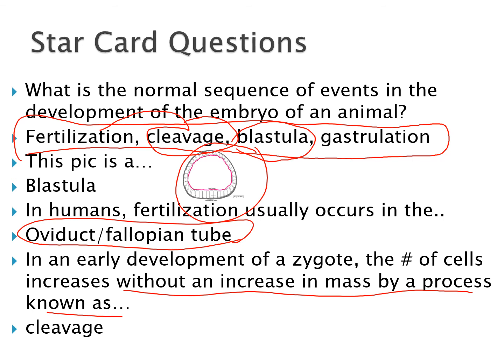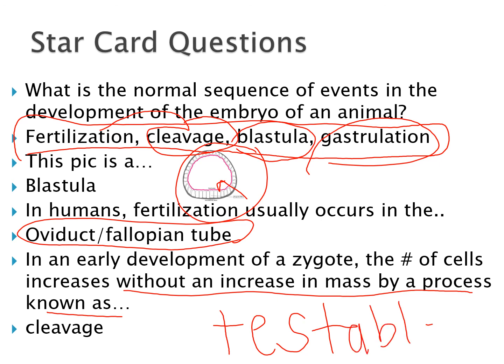Blastula is getting ready to fold on the inside, but the cells continue to multiply, and it's a hollow cell. And gastrulation is when it folds fully inside and begins to make the endoderm, ectoderm, and mesoderm. So all of this right here is testable, not just for me, but for the ELC.